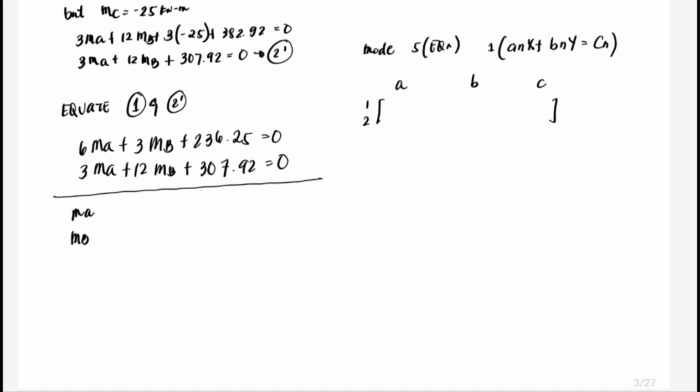Okay, we have, just copy this, 6, 3. Put there 6, 3. And then we have 3, 12. And then this one, since you notice it is equal, this one is not equal, transpose to the other side. So, it will become negative 236.25. And negative 307.92.